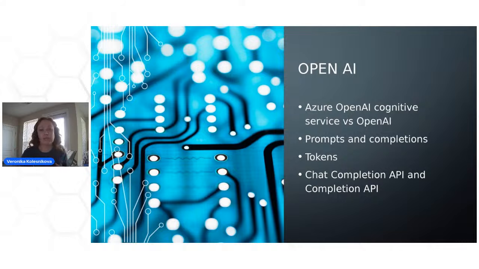For example, if it's a mushroom bot and you don't want it to answer anything else, then you can say you're a mushroom specialist and you are not supposed to talk about anything else.